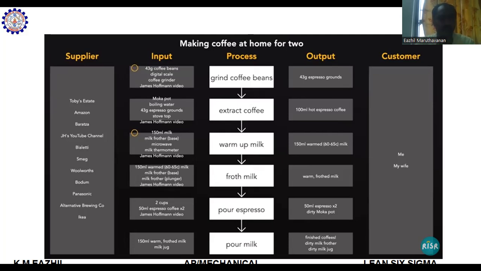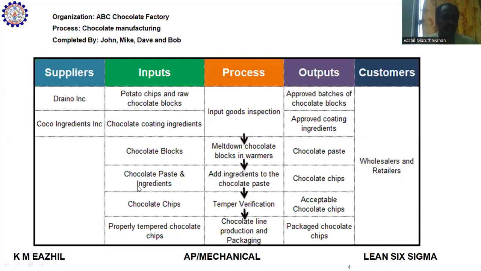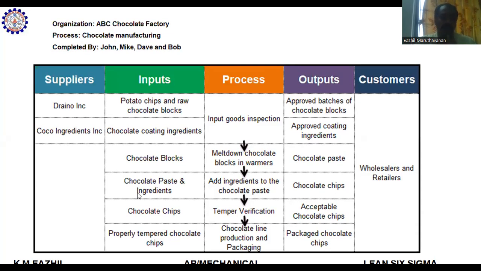Another example is a chocolate factory, where the process is chocolate manufacturing, and we have to give a detailed explanation for this process. First, for this chocolate manufacturing, we have to identify who supplies the process inputs, what inputs are required, and for the process, what the critical steps in manufacturing the chocolate are. Then for the output, what the process outputs are, and who receives the outputs.